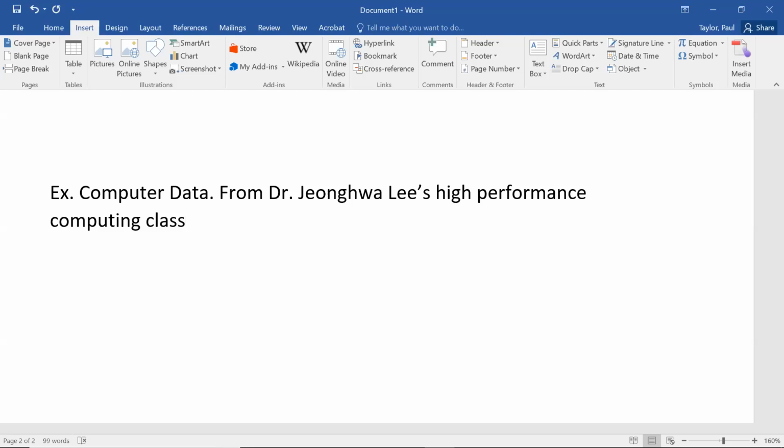I don't understand exactly where it came from, but what the data file is showing, and as soon as we open it up, I'll point out what I mean, is the computer was running a number of processes, and the data file recorded two pieces of information: at what time the process ran and how long it took.